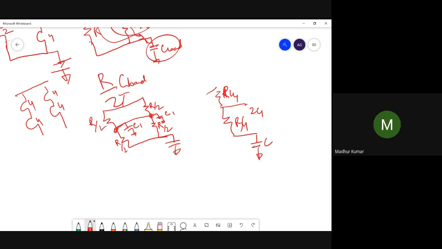Yes, sir. We can make equivalent model, but that doesn't mean that the Elmore delay technique should not be valid. Yeah. So you solve it, no problems. But I'm just trying to help you with solving it easily, back of the envelope. Yes, sir. That's true.